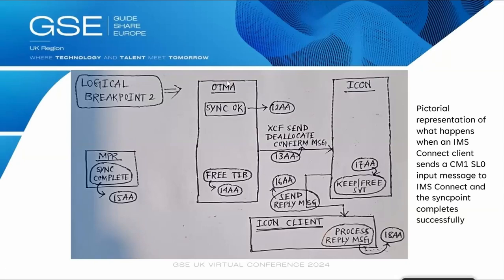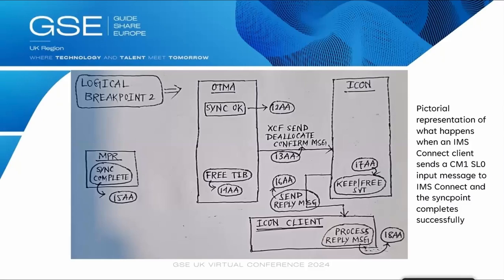Over here, if you can see, OTMA is sending the deallocate confirm message to IMS Connect, right? But again, this will not happen if it is in conversation, and I said that we are not going to take a look at the complex case of conversational type of processing here, right?